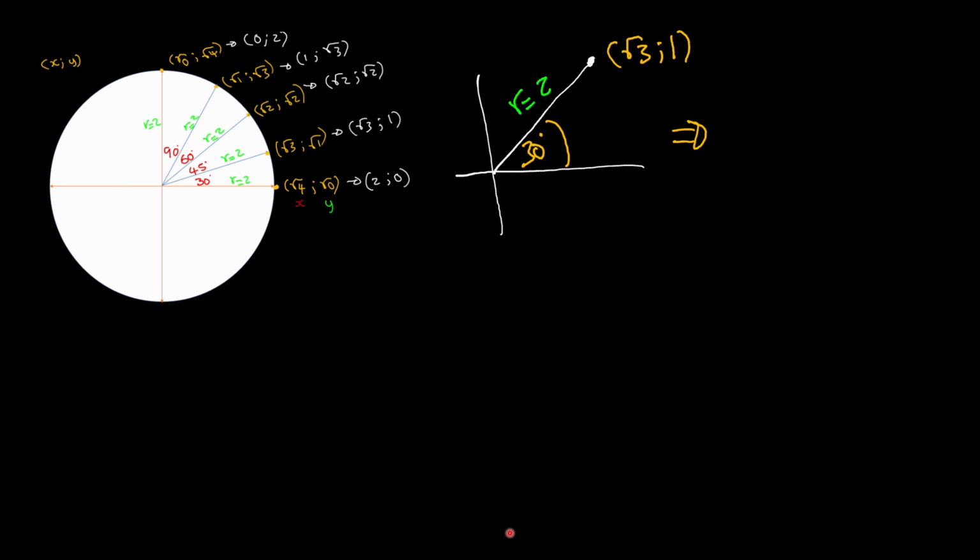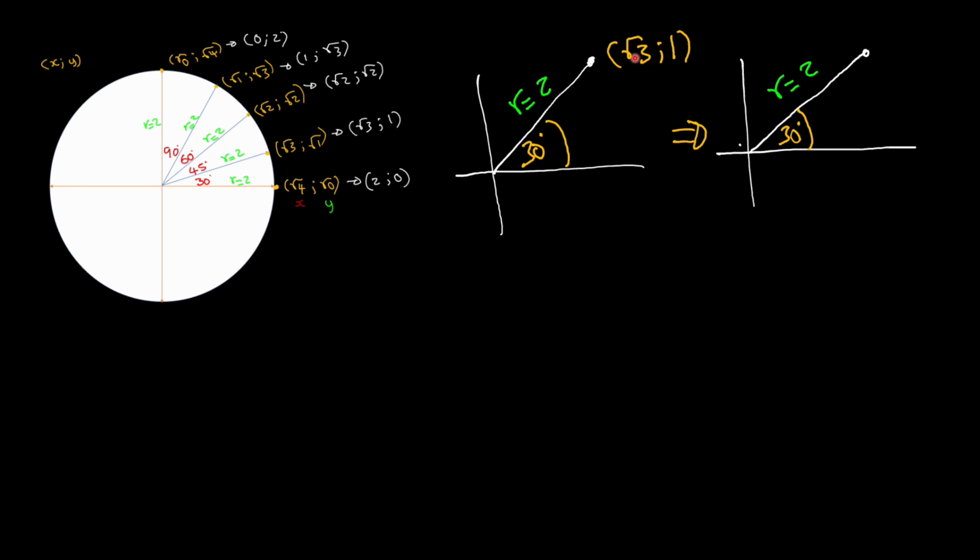Just like we did on the previous slide. Very easy. Take this. You have the arm. The arm is r, which is equal to 2. Okay? And then the angle that you have is 30 degrees. Now, look at this.